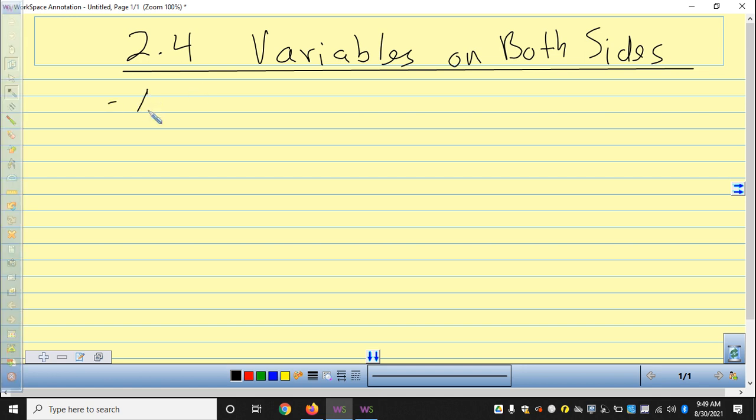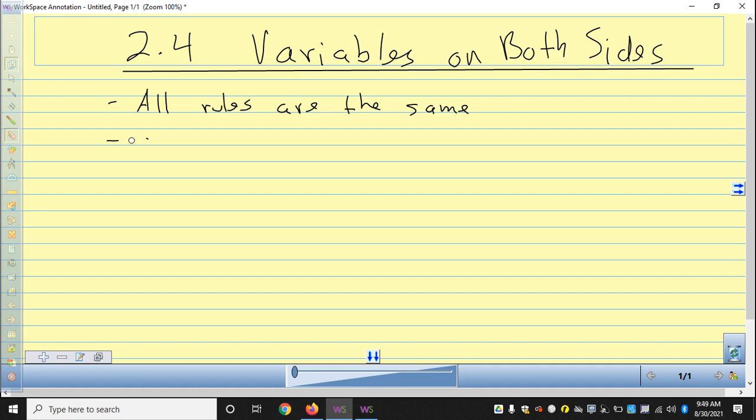All the rules are the same. The only thing that is different is that we have variables on both sides of the equal sign.